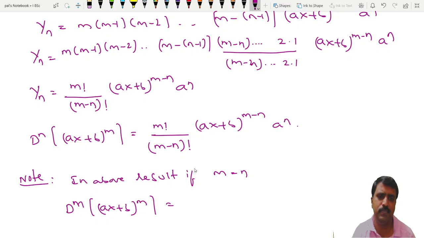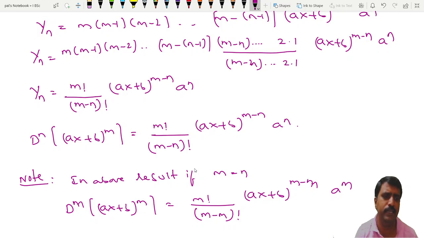This is equal to m factorial divided by (m minus n) factorial. Since m and n are same, you can write it is (m minus m) factorial into (ax plus b) to the power (m minus m) into a to the power m, because n is equal to m.